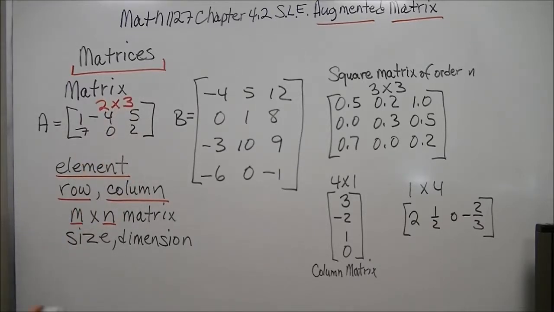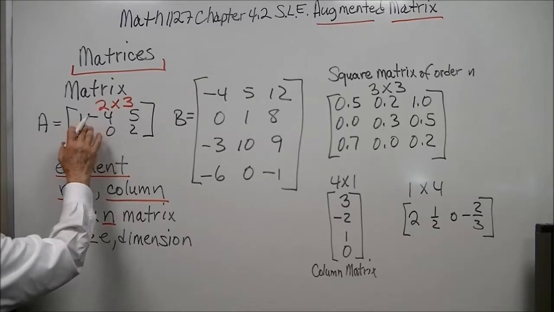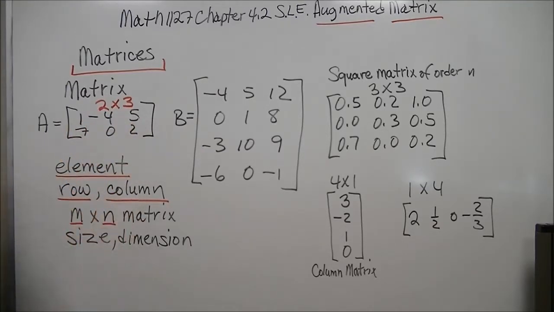And this is the one we're going to be using a lot in further calculations and what we've used a lot in previous things. So we talk about size and dimension. Again, it's depending on the position of the elements in rows and columns.